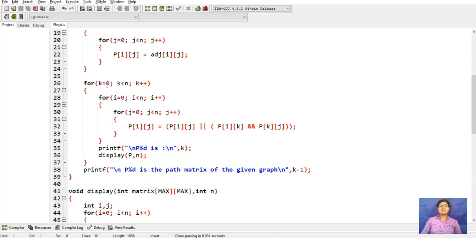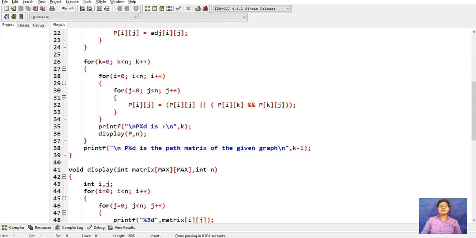Then for i is equal to 0, for k is equal to 0, k is less than n, k plus plus. After that, in the for loop, this nested for loop I have taken. For i is equal to 0, i is less than n, i plus plus, then p of ij is equal to p of ij, or p of ik, and then p of kj.